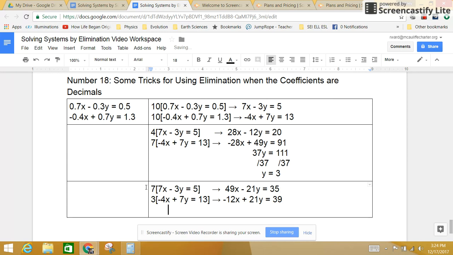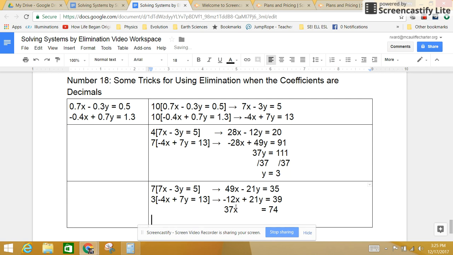Okay, let's work on that now. So we're going to add again because we're eliminating y and we have opposite coefficients. We add the y ones, we'll get 0. But we've got to add 49x and negative 12x, so that's going to be again 37x. And when I add 35 and 39, I get 74.